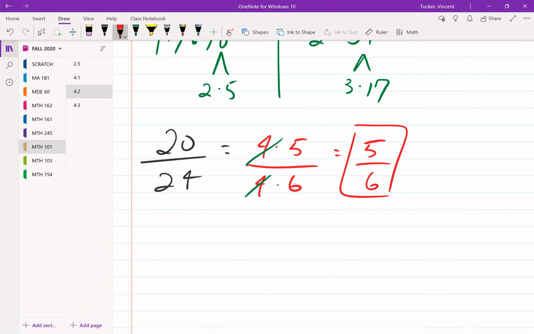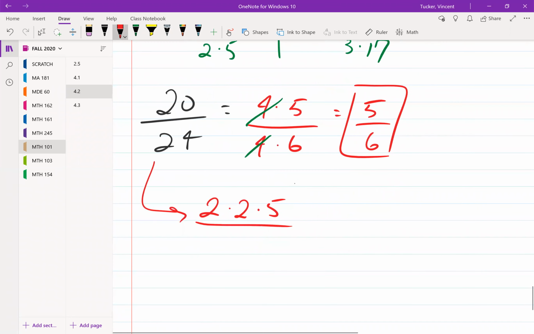But if you decide to break it down into prime numbers, 20 is 2 times 10, which is 2 times 5. 24, 2 times 12, which is 2 times 6, which is 2 times 3. And we see the same thing happens anyway. 2 times 2 is 4.